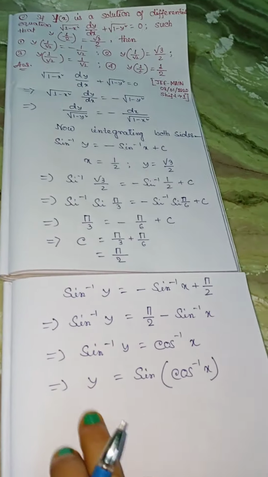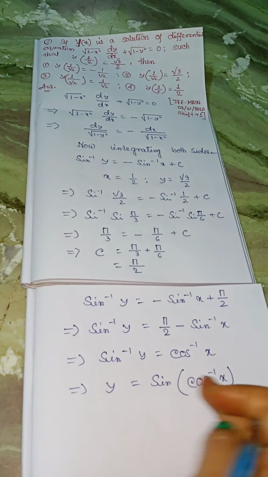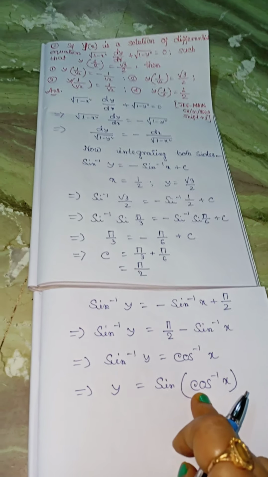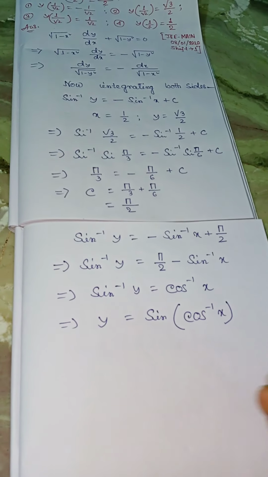So this function becomes y(x) is equal to sine of cos inverse x. And we want to know y(x) when x is equal to 1 by root 2.